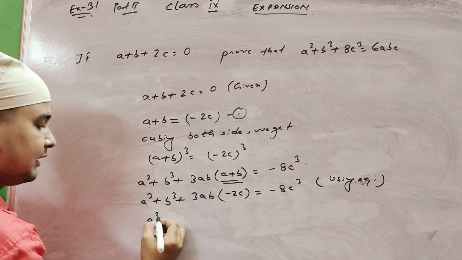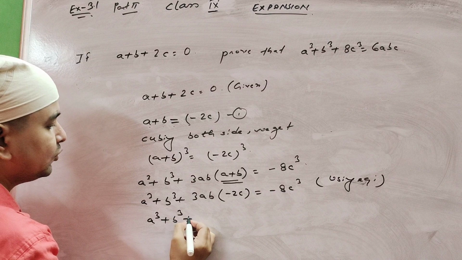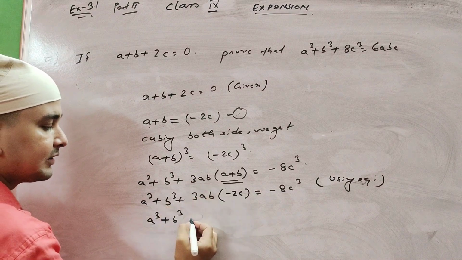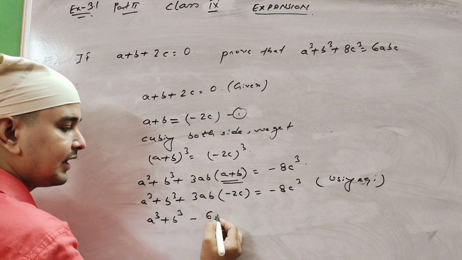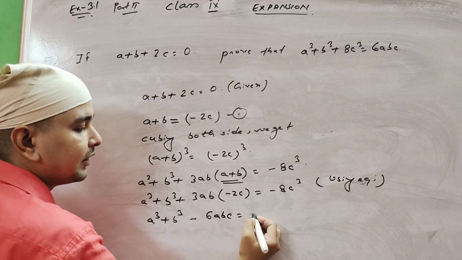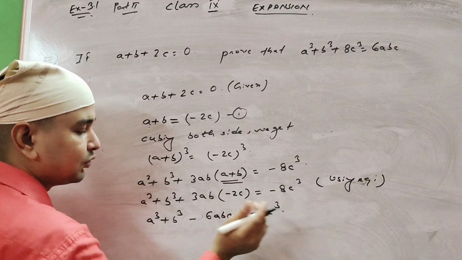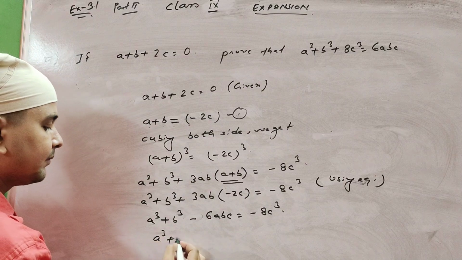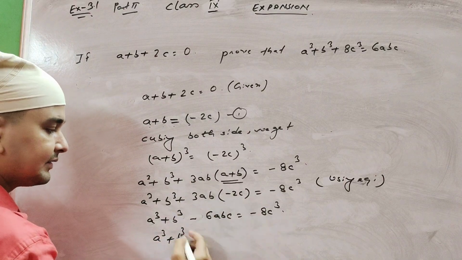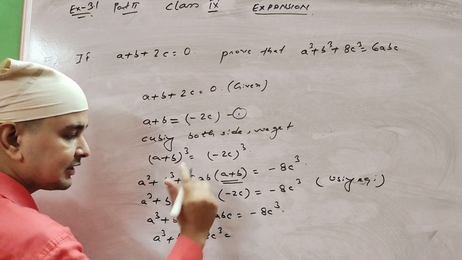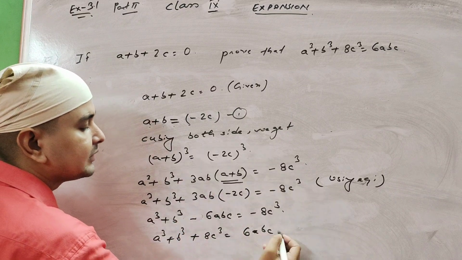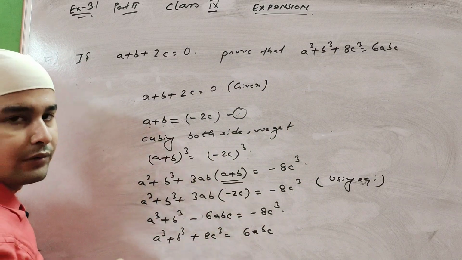So this is a cube plus b cube minus 3ab into 2c, that is 6abc, equals minus 8c cube. So a cube plus b cube, minus 8c cube coming to this side as plus 8c cube, equals 6abc going this side. You see, we have proved. Okay.